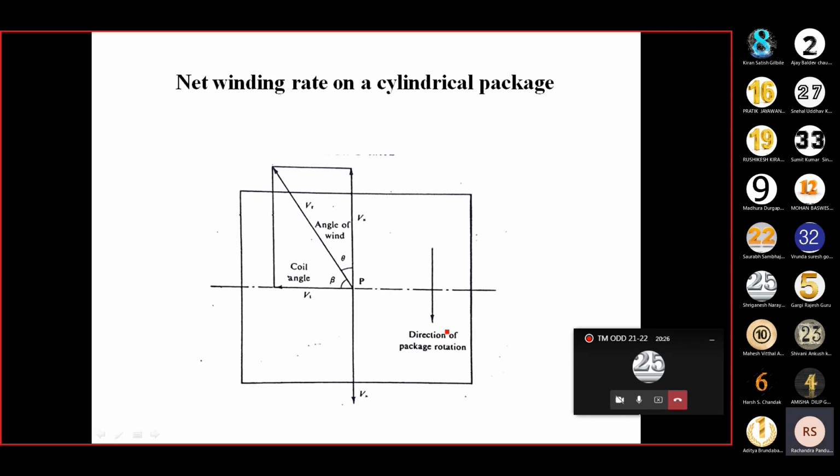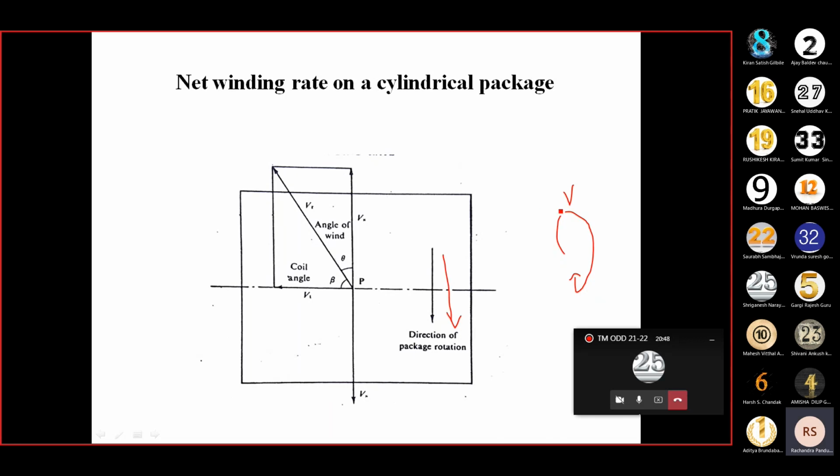Okay. So suppose this is the direction of package rotation. The package is revolving. It means what? It has a certain velocity.